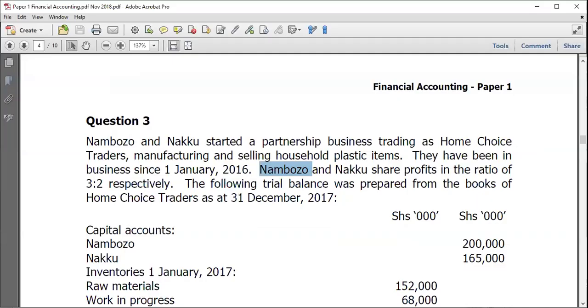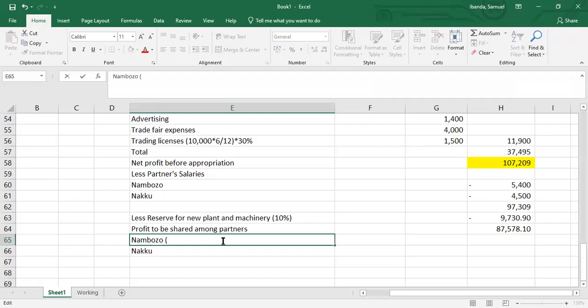So profit share, I'll have Nambozo and Naku. So this one has 3 out of 5. And this one has 2 divided by 5. This is times the 87,578.10.